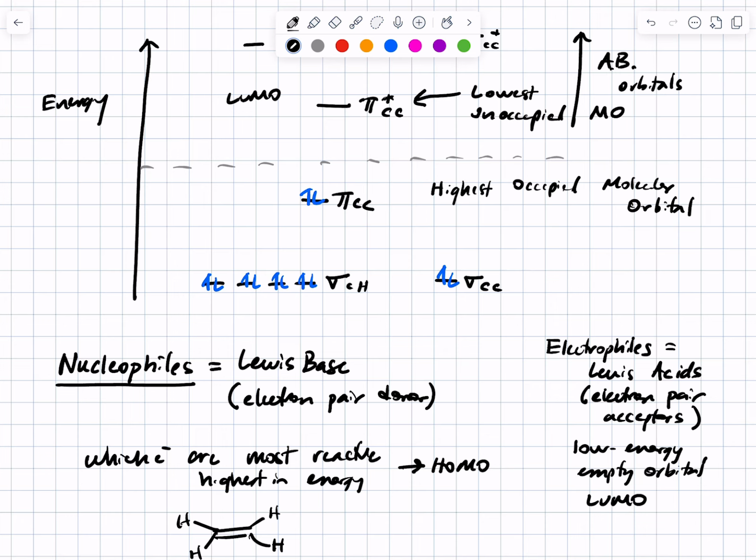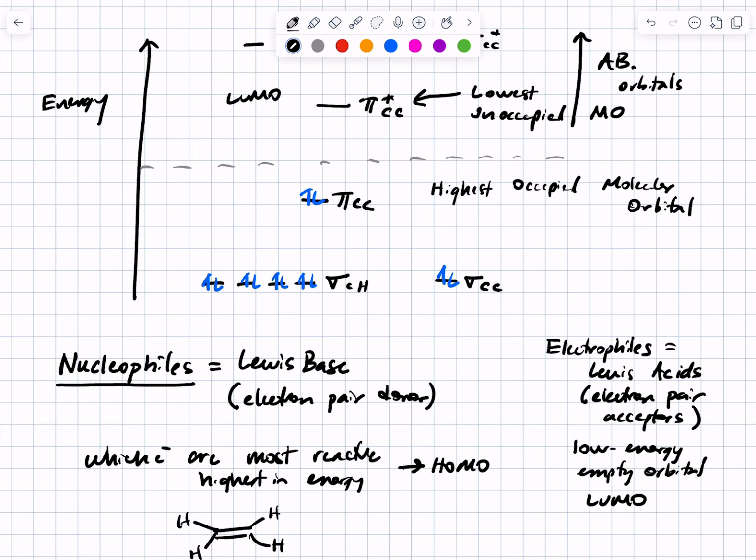Go ahead. But if we're filling an empty antibonding orbital, isn't that bad? Why is that good for the bond? So you just made a prediction, which is if an electrophile accepts electrons into an antibonding orbital, that should make a new bond, but it should also break an old bond. And that's exactly what we'll see, and therein lies all the chemistry you will see this year in organic chemistry.